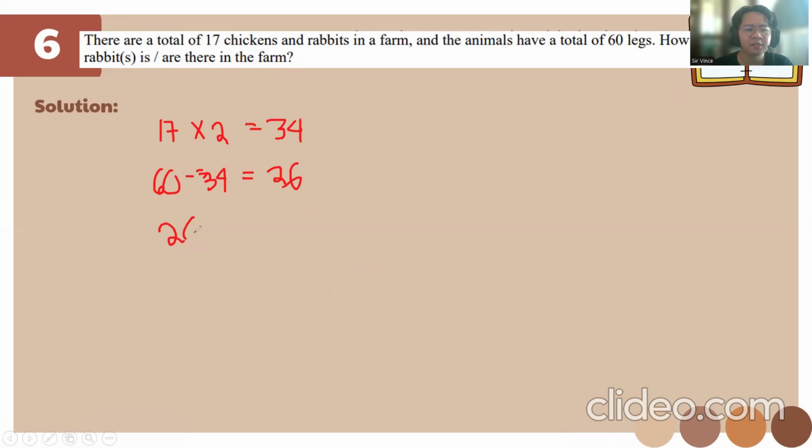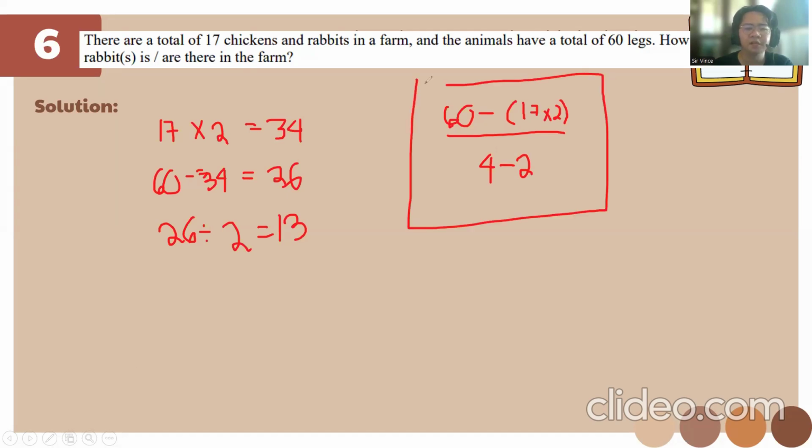Then 26, we'll just divide by 2 and we'll get 13. Okay? Our other solution here is 60 minus 17 times 2, all over 4 minus 2. Okay? Okay, I'll go back to 5 to 10 first because someone is asking.